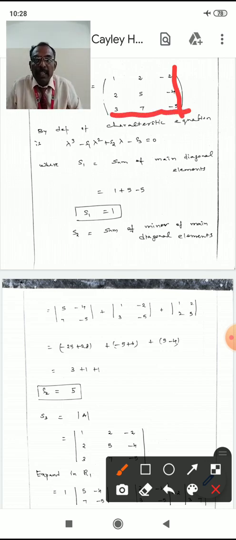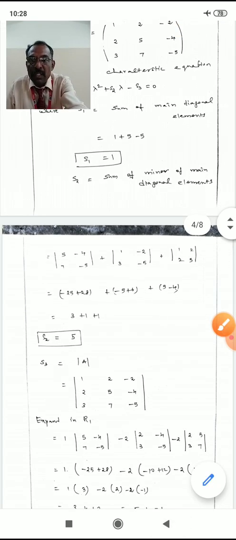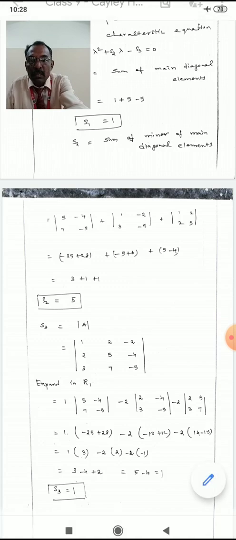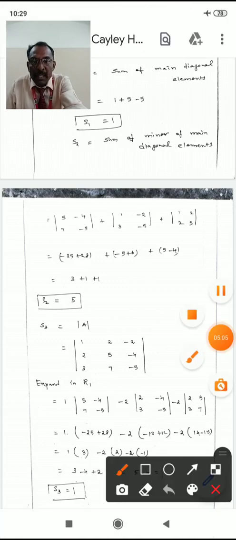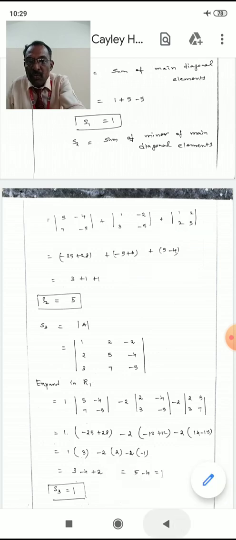Now take the determinant of 1, 2, 2, 5. Simplification of the first determinant is minus 25 plus 28, we get 3. The second determinant is minus 5 plus 6, we get plus 1. The last determinant is 5 minus 4, we get 1. Finally, our S2 value is 5.